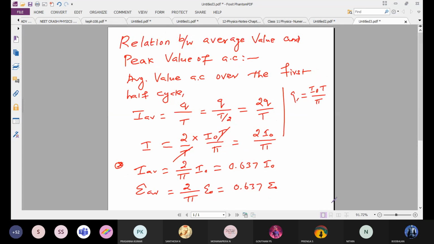The relationship between average value and peak value of AC: I average is equal to 0.637 I naught. Peak value and amplitude are the same; current amplitude, voltage amplitude, that is E naught. The voltage peak is also the same. Please note down the formula.